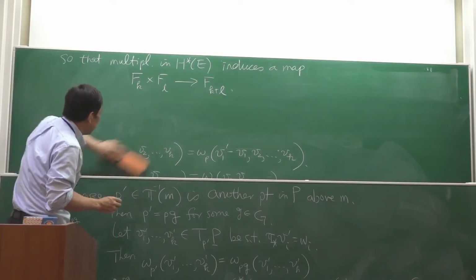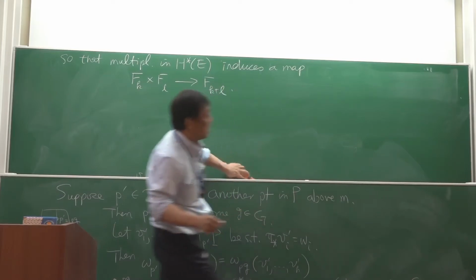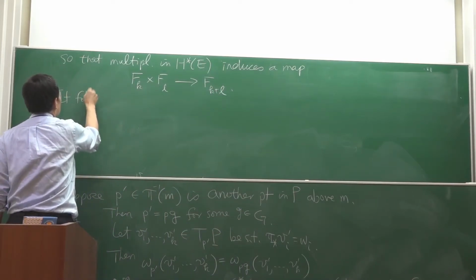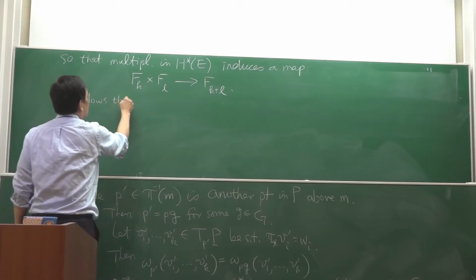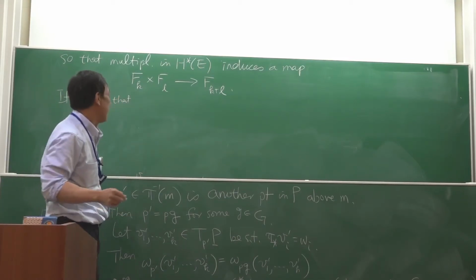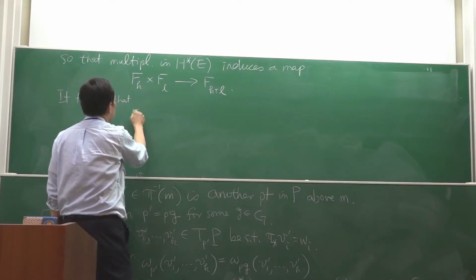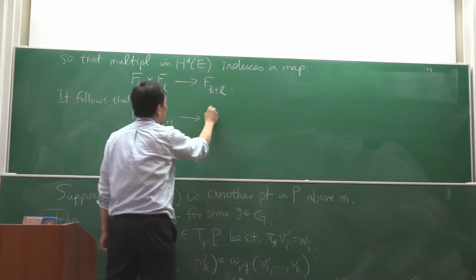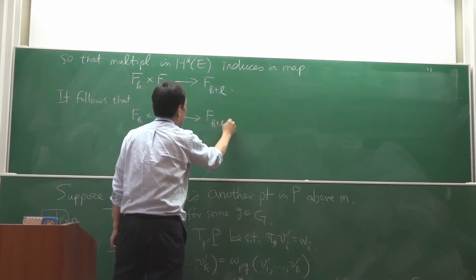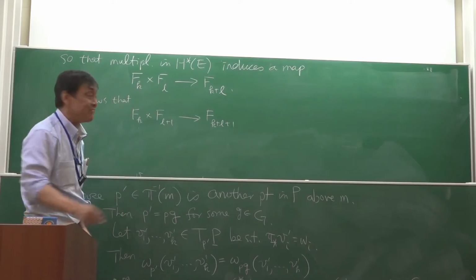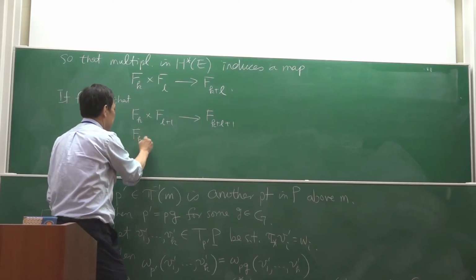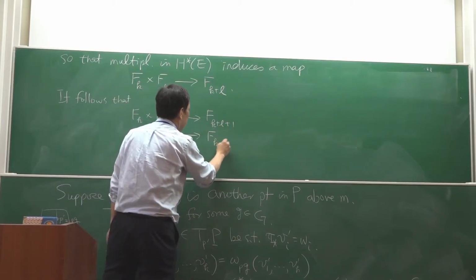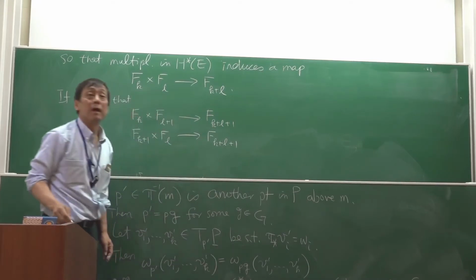And from this, it follows that F^k cross F^{l+1} is going to go to F^{k+l+1}, and F^{k+1} cross F^l goes to F^{k+l+1}.